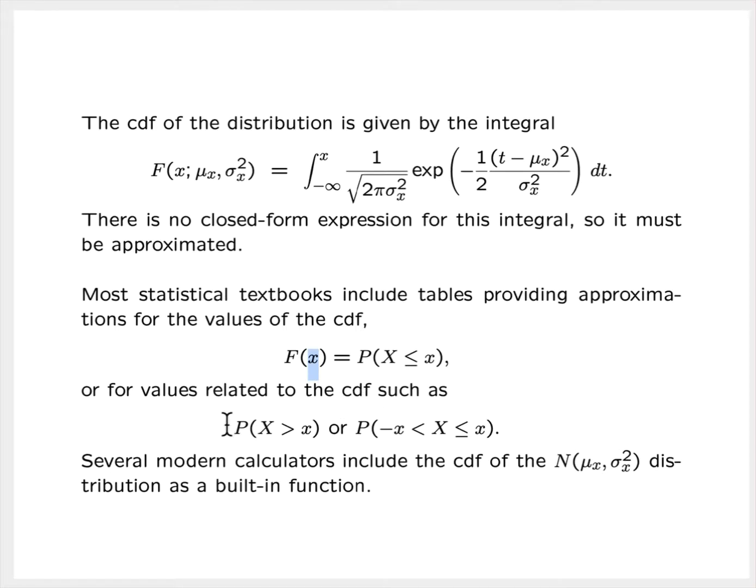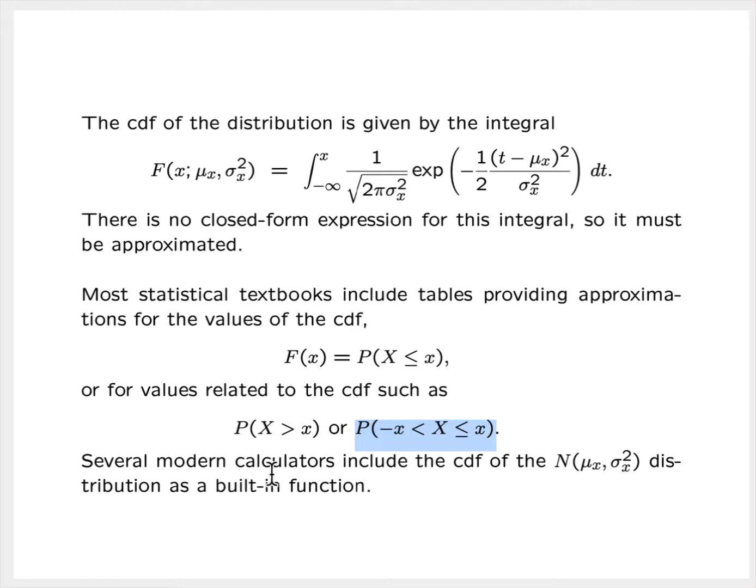Other books give tables of this form, and we call these right-tailed tables. So they give tables that have probabilities where x is greater than a particular value. And still other books have tables that we might call central region tables. So the probability that the random variable x is between negative x and positive x.